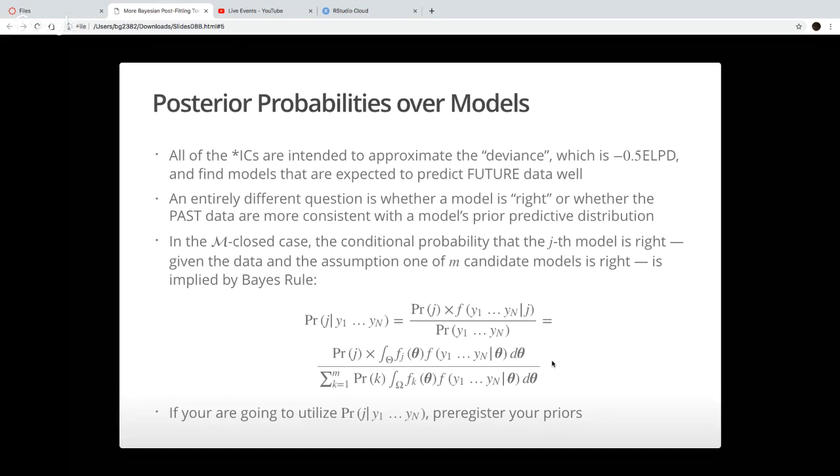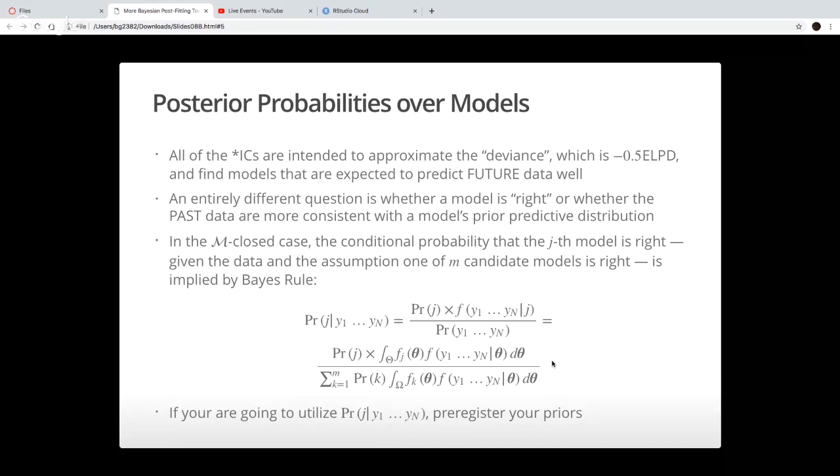But in practice, when you calculate these things, it's basically a contest to see which model's prior predictive distribution was most consistent with the observed data. So this is a contest you can easily win if you're allowed to manipulate your priors after the fact. And so if you're going to go this route, it seems absolutely necessary to me that you would have to pre-register your priors as part of a broader pre-registration.